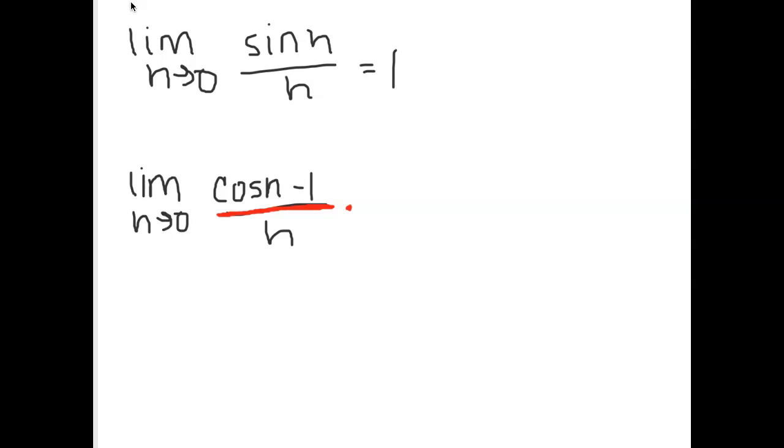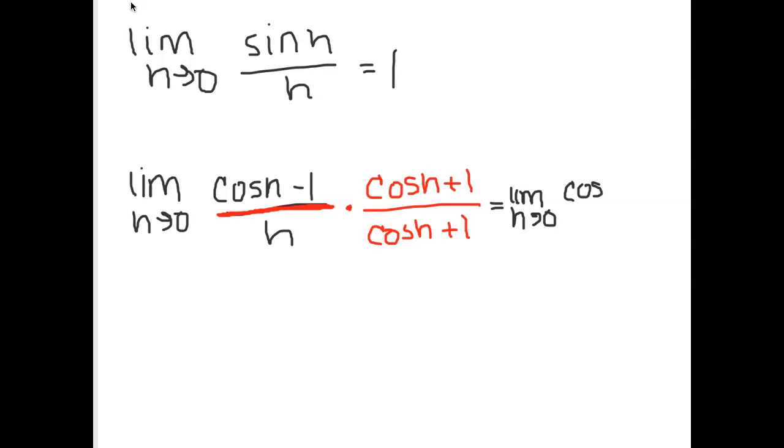So you could use the complex conjugate and multiply by the other half of the difference of squares formula. Giving the limit as h approaches 0 of cosine squared h, the inner will cancel, minus 1 all over h times cosine h plus 1.